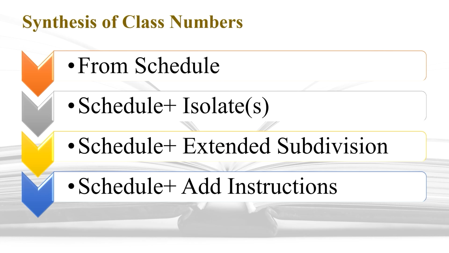And finally, in many numbers there are add instructions through which we can add a number either from the schedule or from the tables as per the instruction. In the discussion on notes of Dewey Decimal Classification, you found an elaborate discussion on these areas.